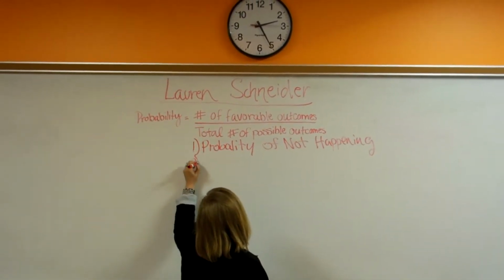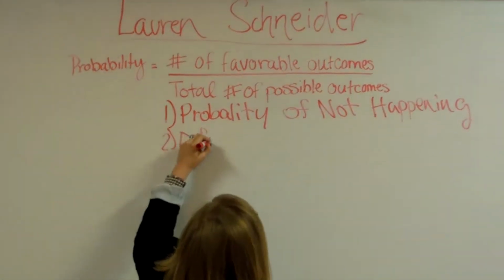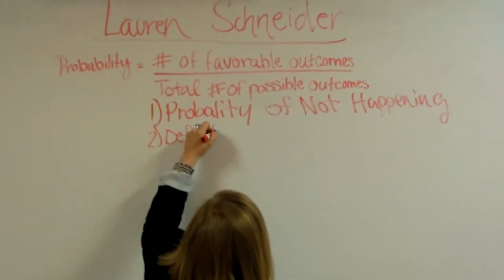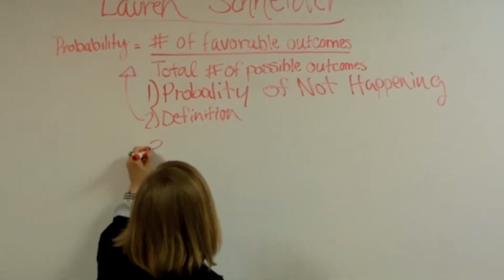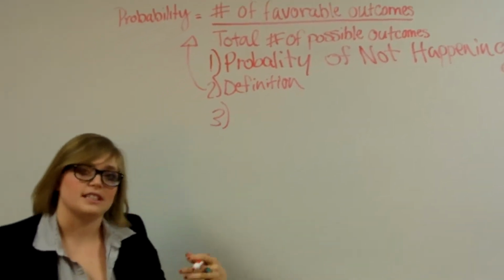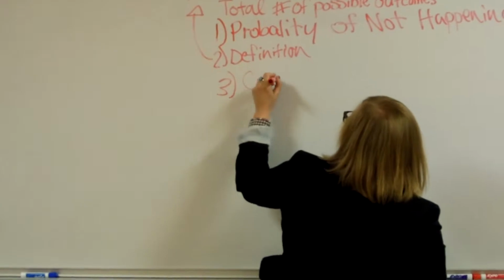And then 2 is our definition, which we've already gone over. So lucky for us, part of it's done. Yay! And then number 3, we're going to take everything that we find, put it all together, and compute or solve.